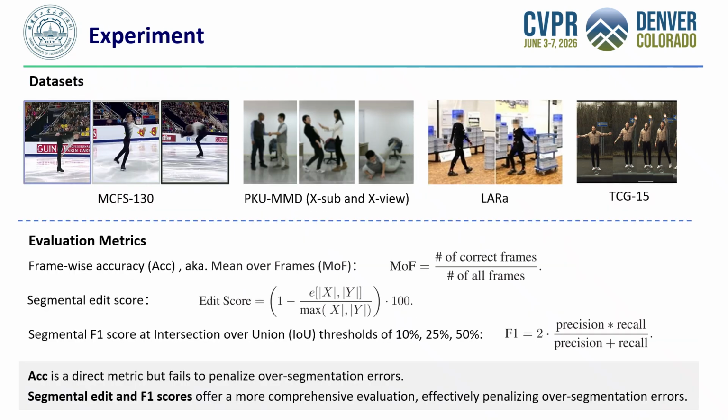Next, let's move on to the experiments. We evaluated Spectral Scalpel on 5 diverse public datasets, ranging from daily activities to fine-grained sports. To measure performance alongside frame-wise accuracy, we specifically focused on the segmental edit score and F1 scores. As noted at the bottom, these segmental metrics offer a more comprehensive evaluation by strictly penalizing the oversegmentation errors commonly seen in this task.